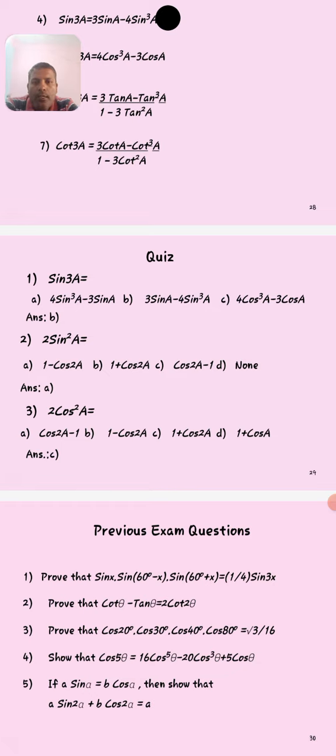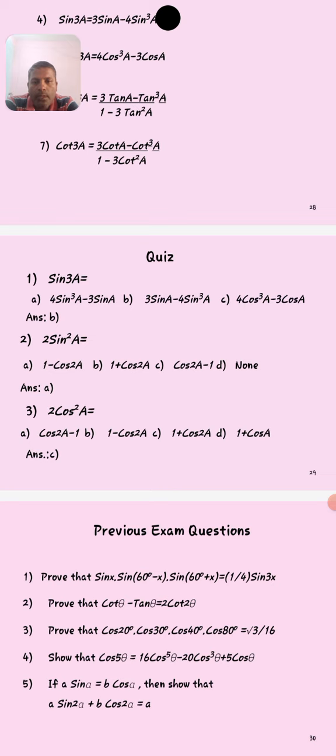Now observe the previous examination questions. The first one: prove that sin x sin of 60 degrees minus x sin of 60 plus x is equal to 1 by 4 sin 3x. We have to apply the formula for sin of a plus b into sin of a minus b. Number 2: prove that cot theta minus tan theta is equal to cot 2 theta.